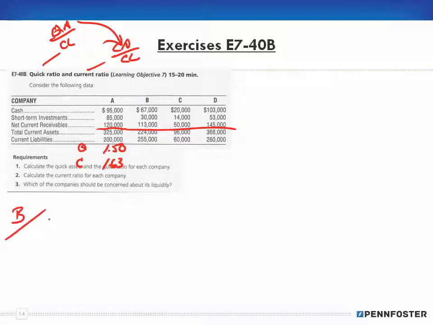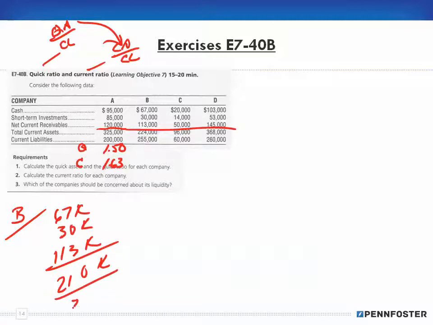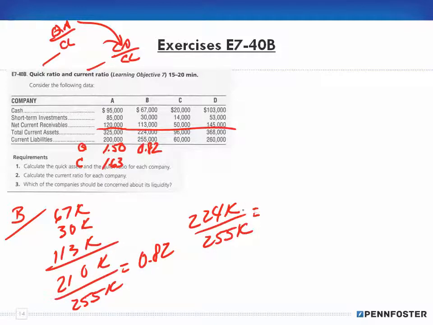We've got 67,000, 30,000, 113,000, which gives us 210,000, and we're dividing that by 255,000, and that gives us 0.82. And then we take the 224,000 for our current ratio and divide that by 255,000, and that gives us 0.88.